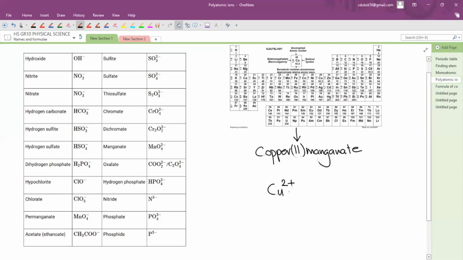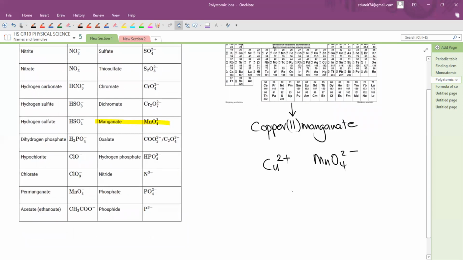And manganate, you have to find manganate on the table. It is MnO4 2 negative. Here's manganate. Once you've tattooed that table on your arm, then you'll do well in the exam. Answer: CuMnO4. Done.